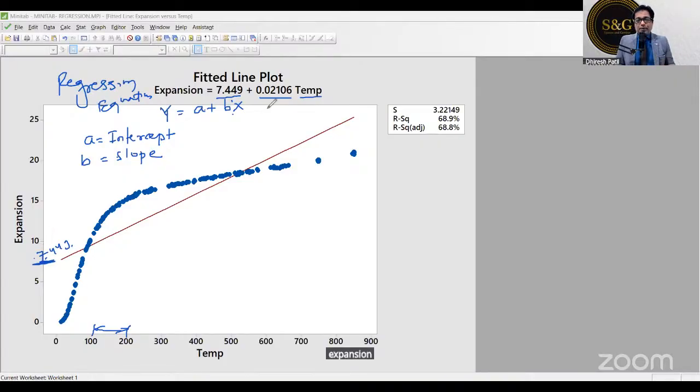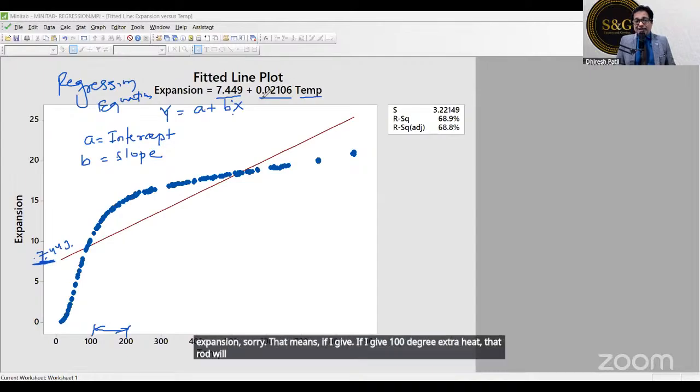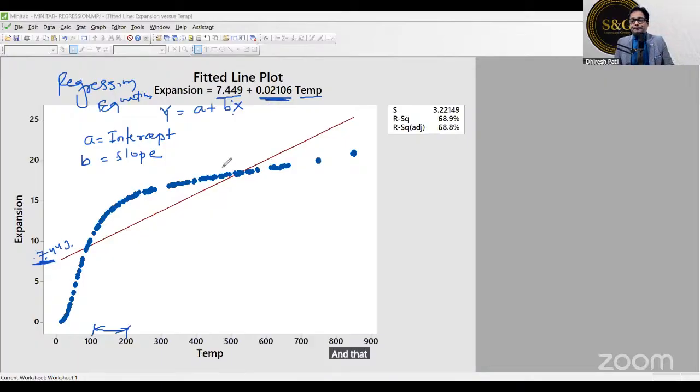That means if I give 100 degrees extra heat, that rod will increase by 0.02 mm or centimeter, whatever it is. That is called slope. Clear? It is called Y is equal to A plus BX.